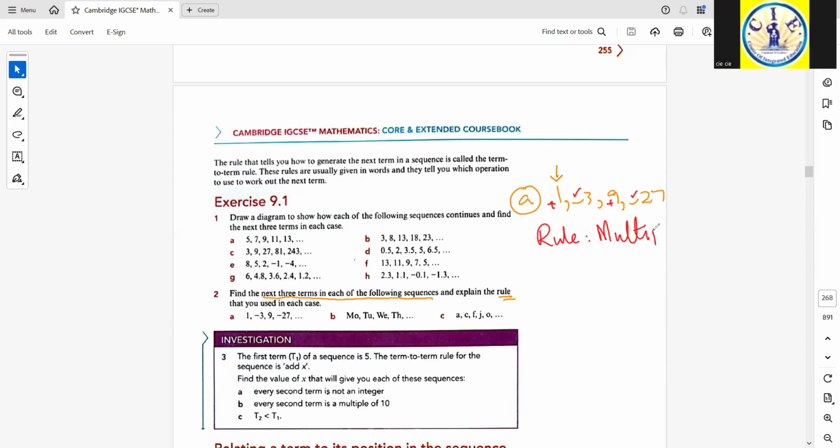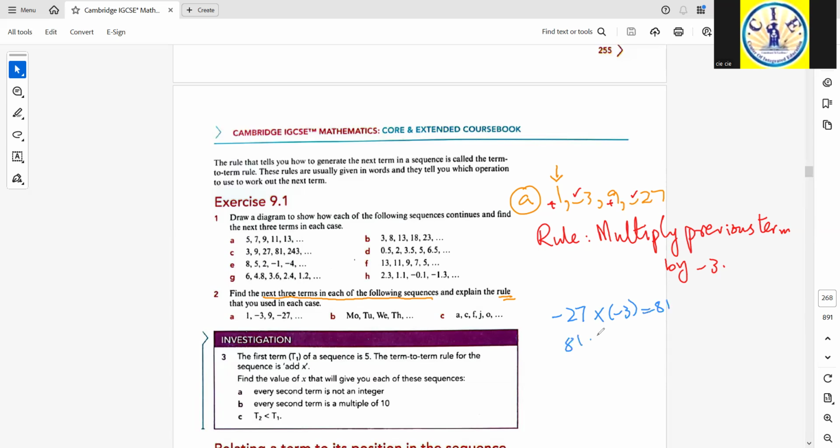multiply the previous term by negative 3. So in this way, we can get the next term, negative 27 times negative 3, that would be positive 81.